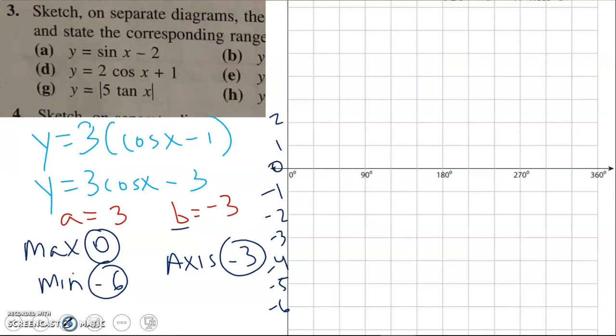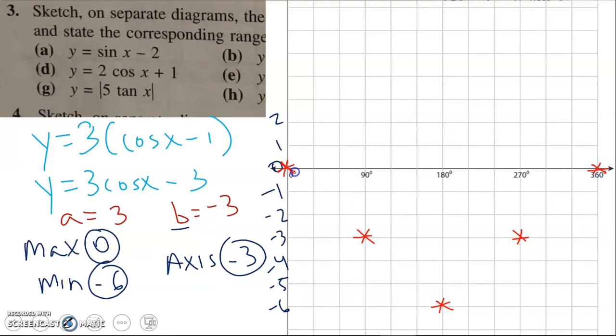Now for cos, when it comes to 0 degrees, it's going to start at your max. Your max ends up being 0. It's going to go downwards to your axis, which is at -3. It's going to keep going down to your min at 180, and then it's going to shoot back up to your axis, and then back to your max.